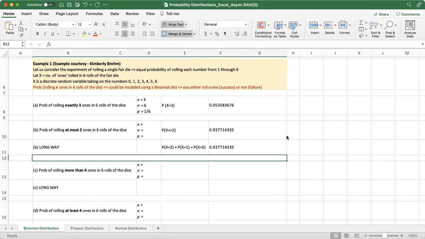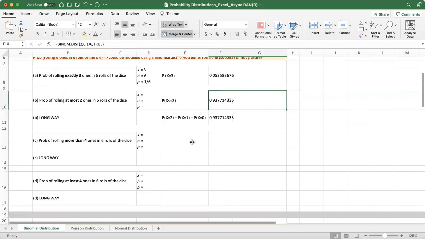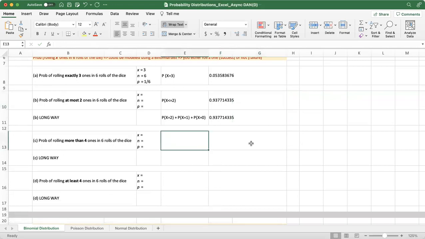The answers are the same. So this is a much quicker way of finding the answers. Let's try the next one. Probability of rolling more than 4 ones, meaning probability of x being greater than 4.